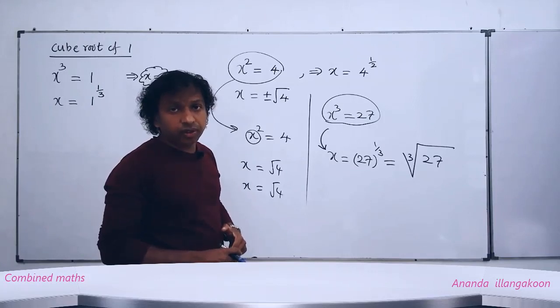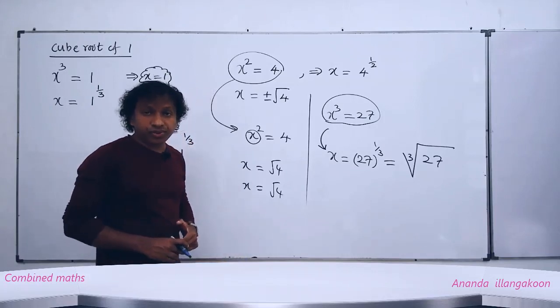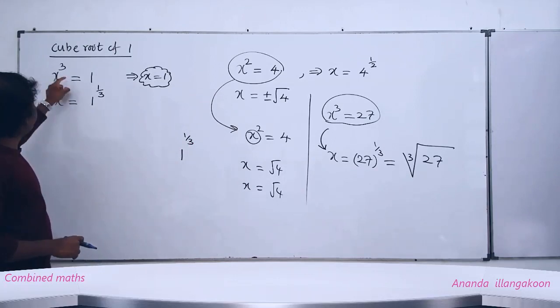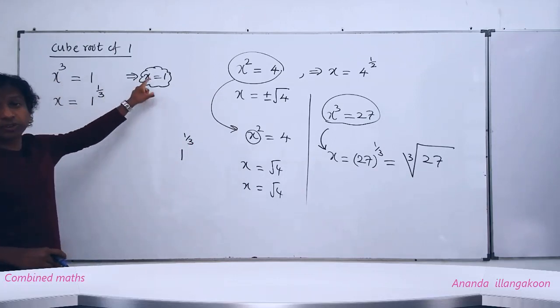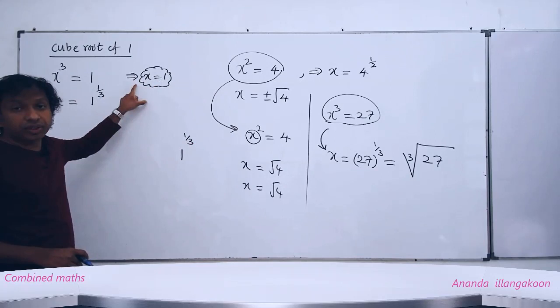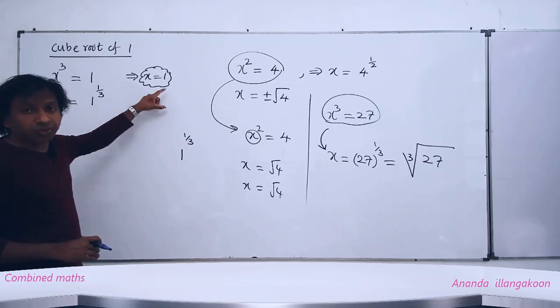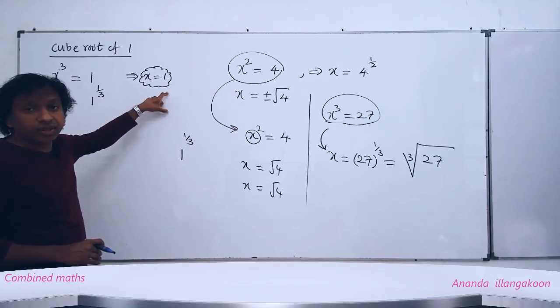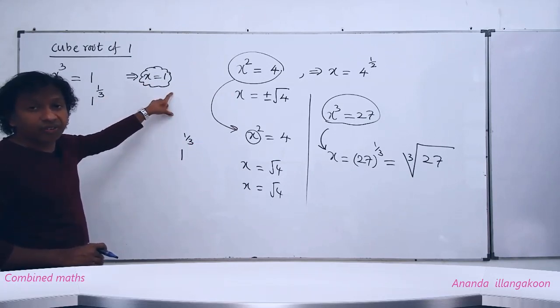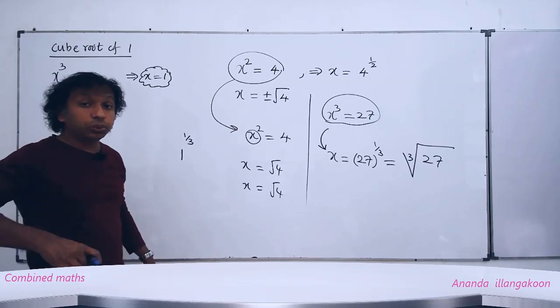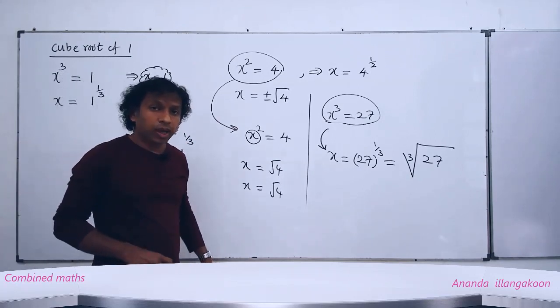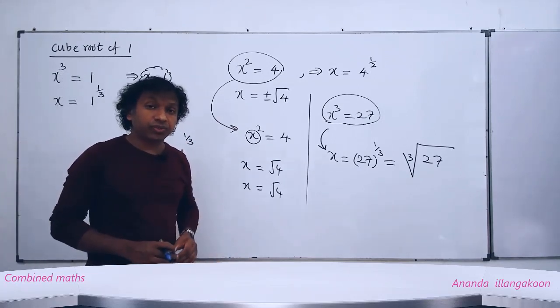That is why we straight away say x cube equals 1 implies x equals 1, because so far, when we solve some equations, this x we considered as a real number. Then the answer of x should be real. That is why straight away we took this x equals 1 as our answer, neglecting the other 2 complex answers. But this time this x is a complex number.